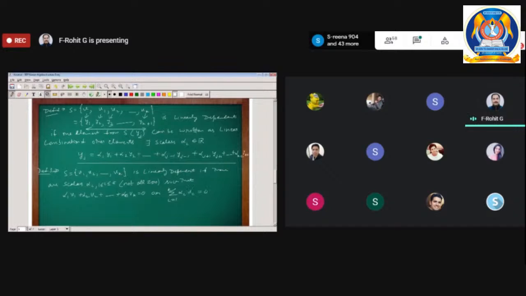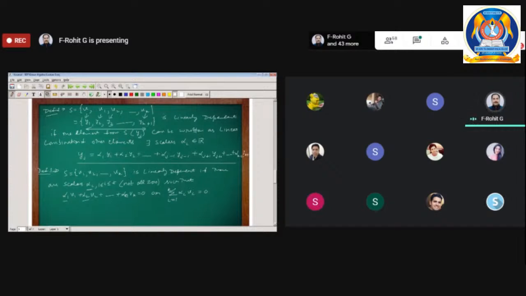So with the help of this definition, I can say that a set is linearly dependent if there exist scalars, not all 0. That means at least one of them should be non-zero, either alpha 1, alpha 2, alpha 3 or alpha 4.